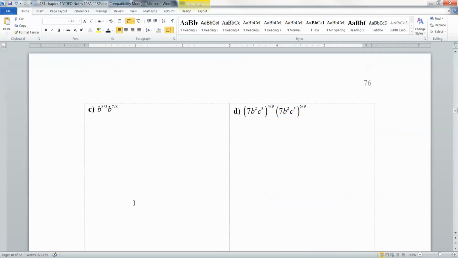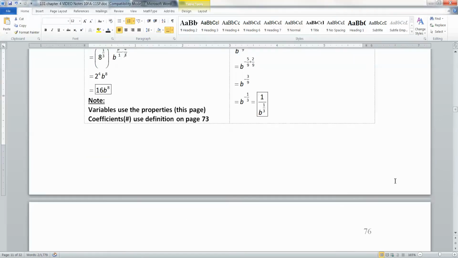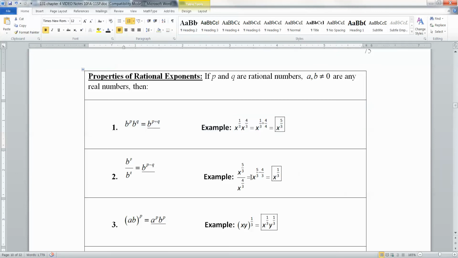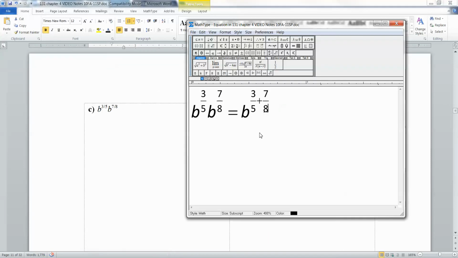Uh-oh. They don't have the same denominator. That's going to be much harder than the ones I showed you here. Look, the ones I showed you in these examples had the same denominator, 1/3 and 4/3, 5/3 and 4/3, stuff like that. But the one I just gave you here doesn't have the same. Okay, well, if you're going to do that, then you need to make them have a common denominator, which in this case would be 40, right?